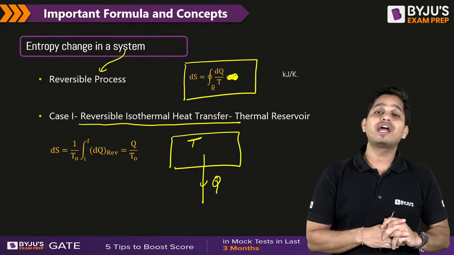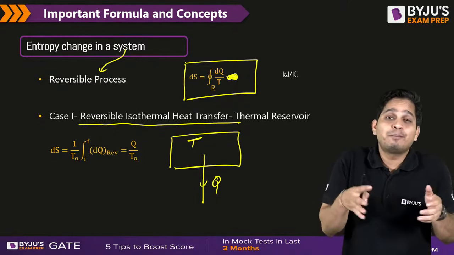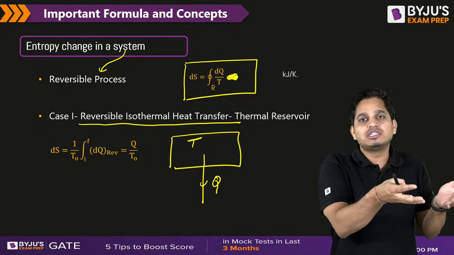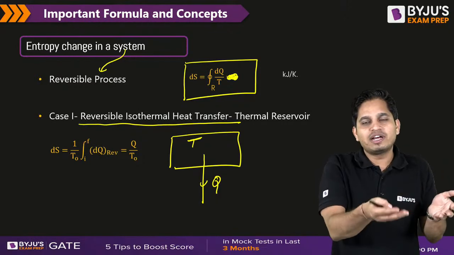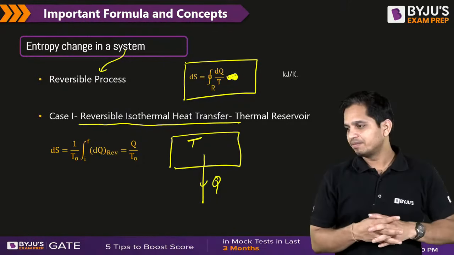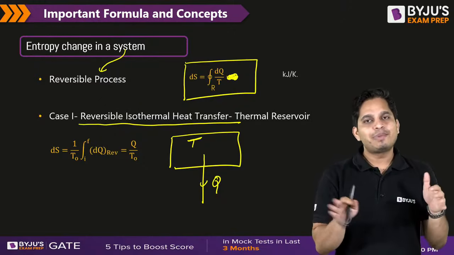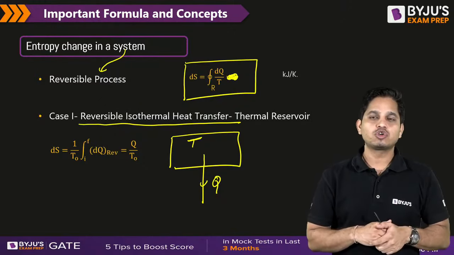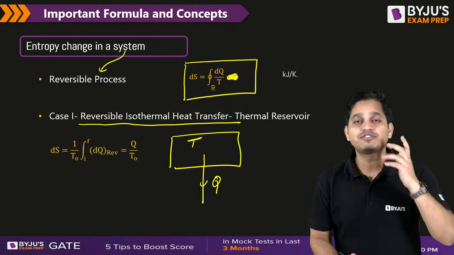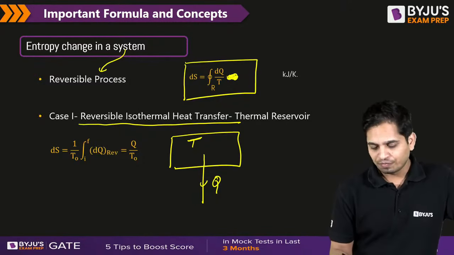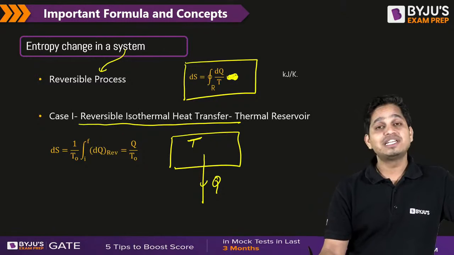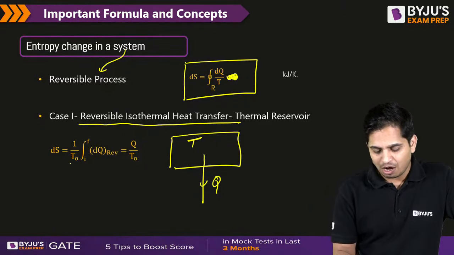So how will you calculate entropy in that case? Or take a case of a sea or ocean. A lot of water is there. You keep giving heat, the temperature of the water is not going to change. When this type of heat transfer happens, because temperature is constant, you take temperature out and then integrate.